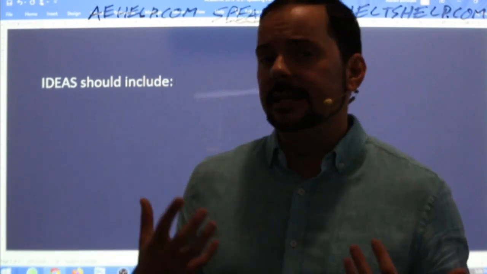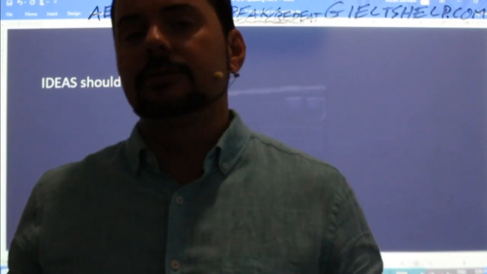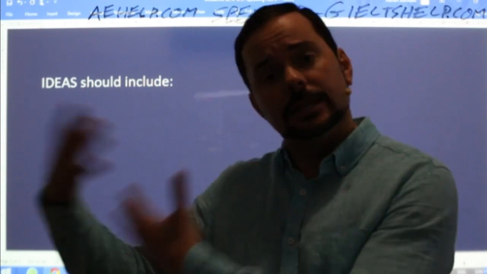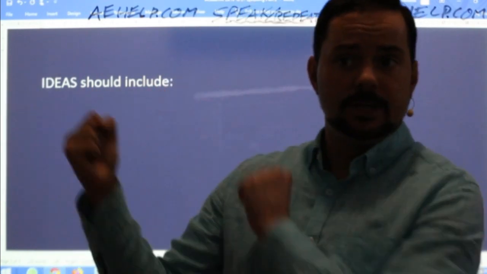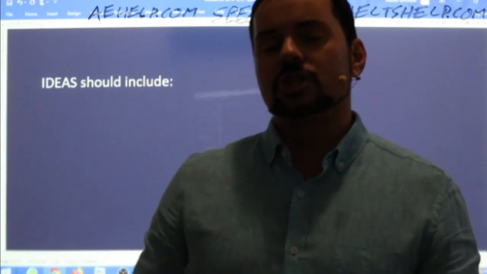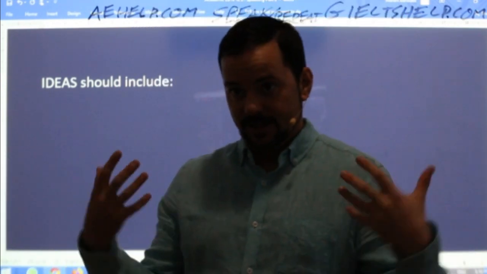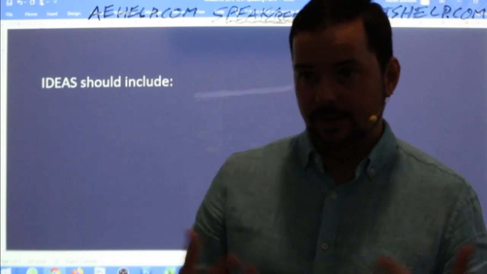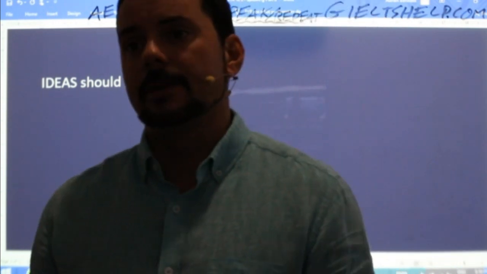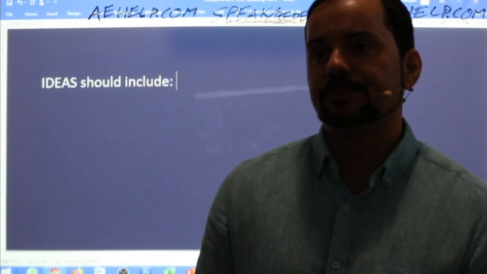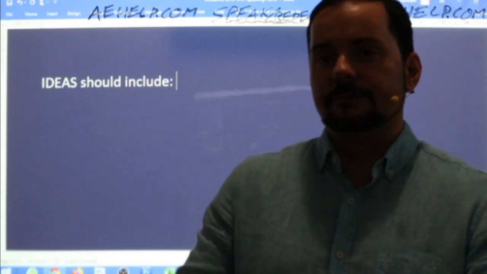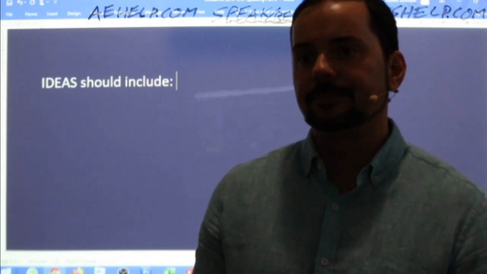Any idea that I have, if I want to explain that clearly for another person, what should that communication include? Okay? So think about this. Doesn't matter what the question is. So if we're just talking about an idea.